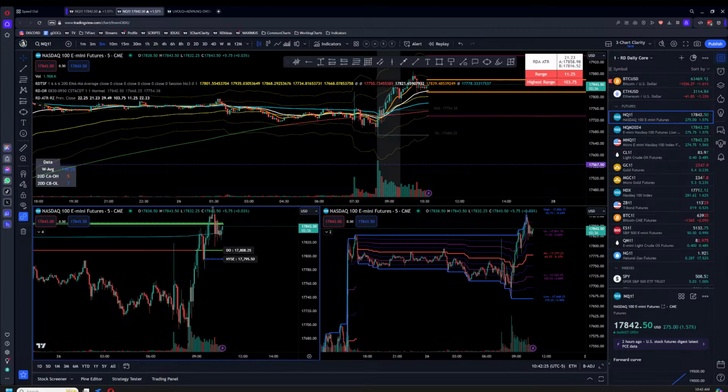There it goes. Maybe it's time to go long. Probably not, because it's right at a zone, but maybe.